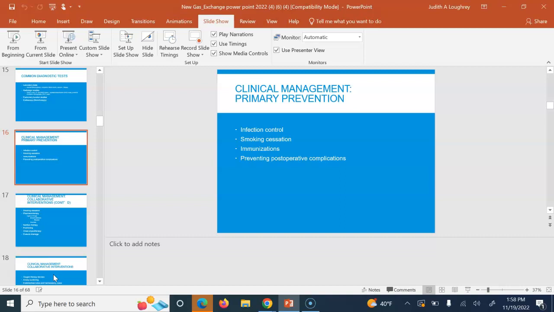Smoking cessation, very important, because that can contribute to a progressive condition, which we're going to be talking about in a little bit, damaging the lungs and not being able to get the same capacity that your lungs had when they were healthy. Immunizations are important in preventing illness, as we see with influenza, with the pneumococcal one, and now more recently with the COVID vaccines, and preventing post-operative complications.